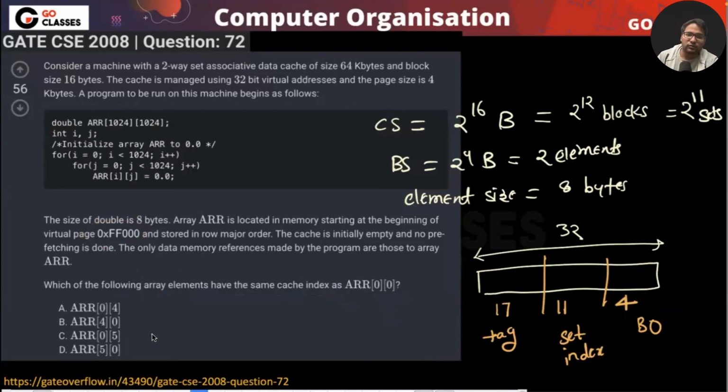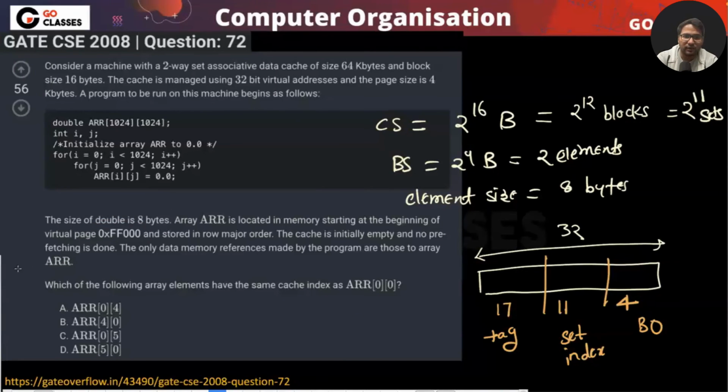Okay, so let's go to the next page. So this is basically 0xFF000, the initial address of the array. I can make some space, right?